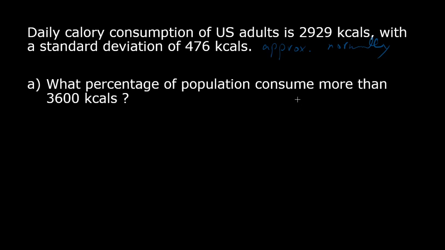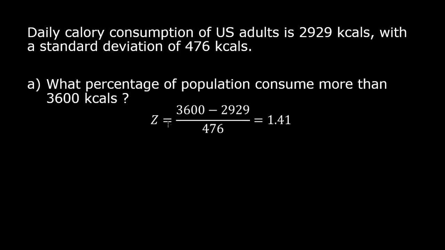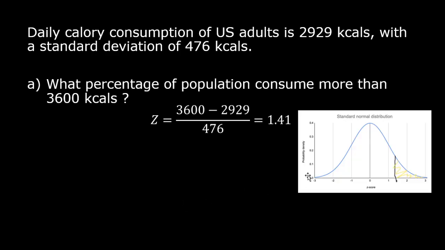When you have any kind of question that deals with the normal distribution, you always want to calculate the z-score first. So let's do the z-score. Z is equal to 3,600 minus 2,929 over 476, and it gives you 1.4 something, and if you round it, you get 1.41. Then what you want to do next is to think about the bell curve and what this means.